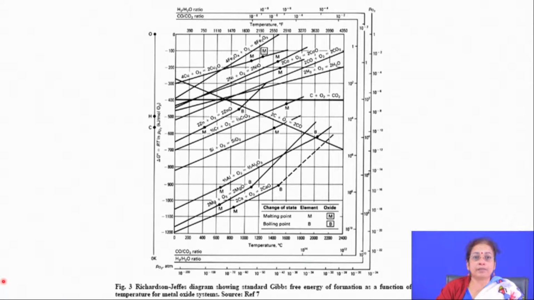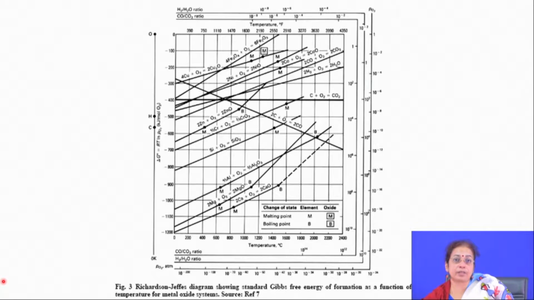There are different Ellingham diagrams for different environments, and they are very important because they act as a guideline for the choice of material, or material combinations, for a specific environment and temperature.